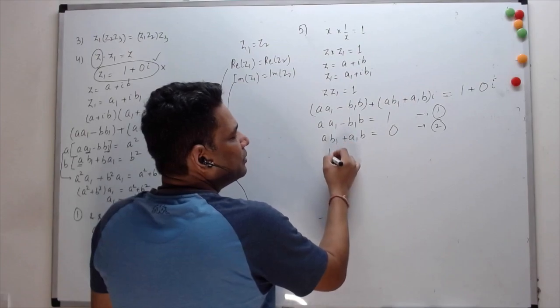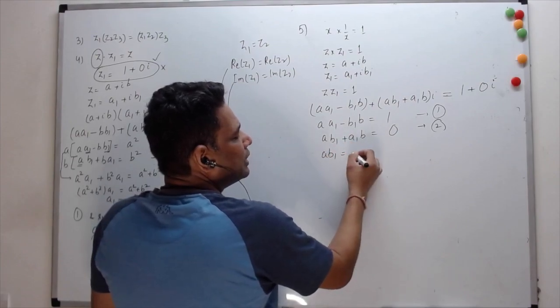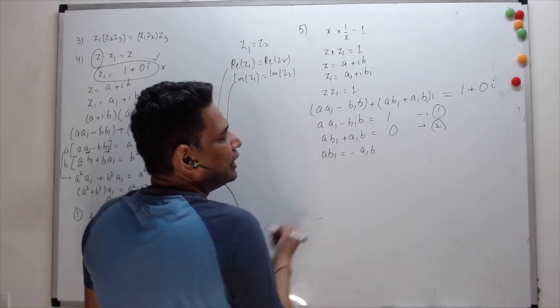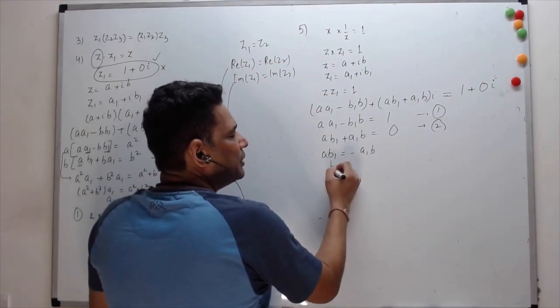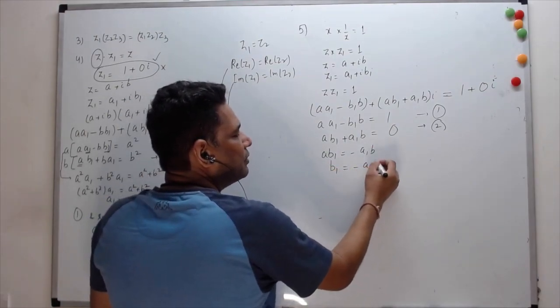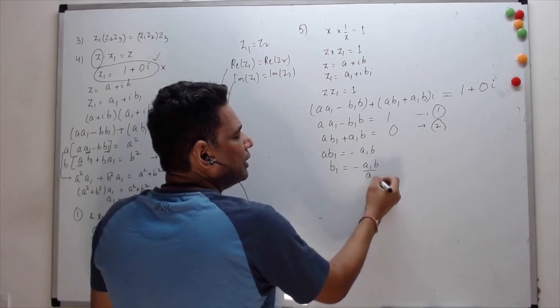That means I can say that b1a is nothing but a1b, negative. That gives me b1 as negative a1b over a.